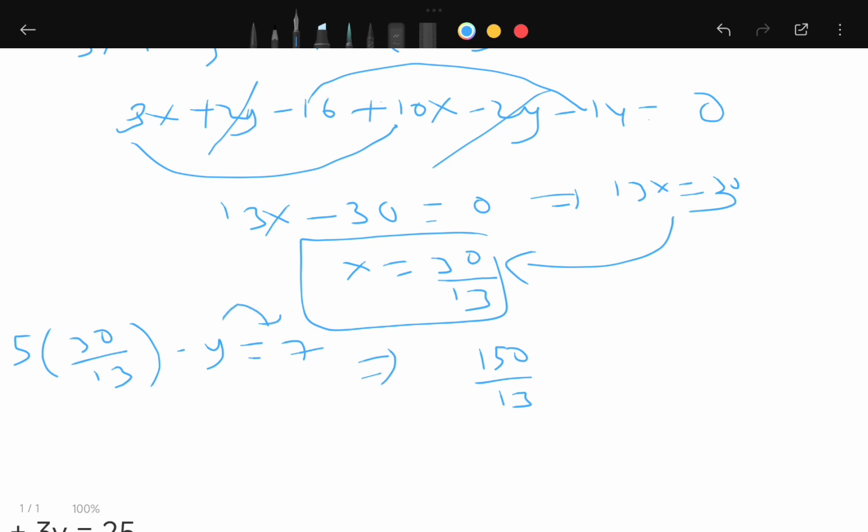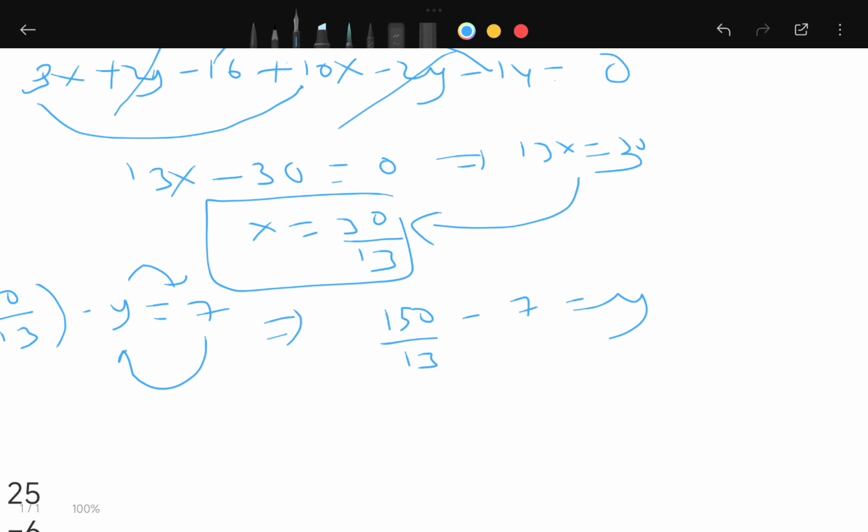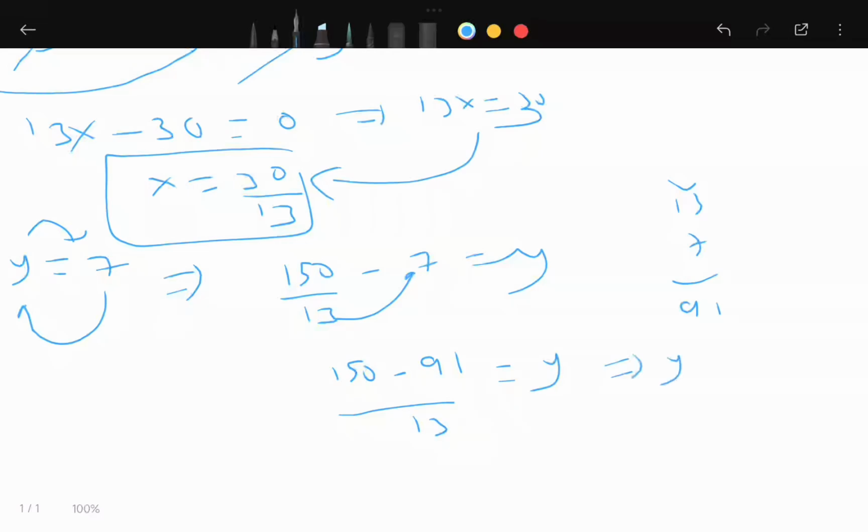If we bring y to the right side and 7 to the left-hand side, it becomes y equals 150 by 13 minus 7. 13 times 7 is 91, so 150 by 13 minus 91 by 13 equals y, which implies y equals 59 by 13. 150 minus 91 is 59. And x equals 30 by 13.